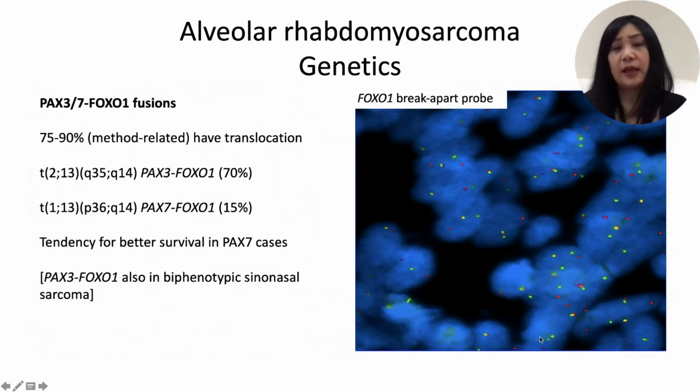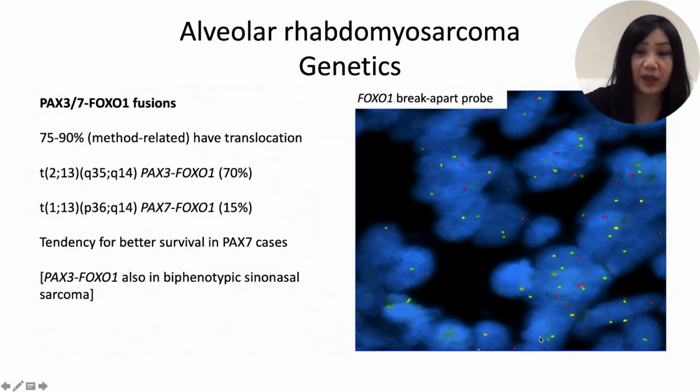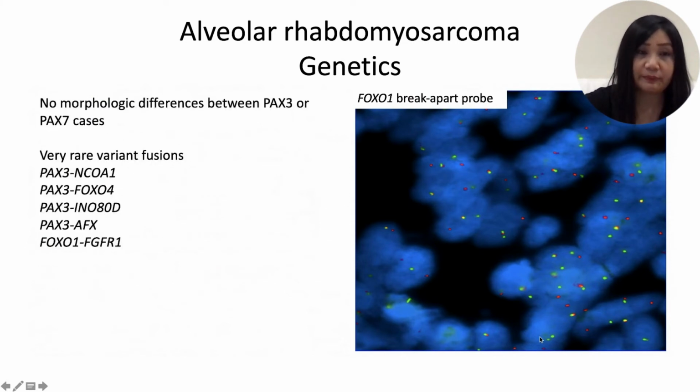As Prof was saying, there are rarely any specific fusions anymore. Until relatively recently, it was thought that PAX FOXO1 fusions were specific for alveolar rhabdomyosarcoma, but now we know that a minority of biphenotypic sinonasal sarcomas show PAX3 FOXO1 expression. So it's no longer a specific fusion.